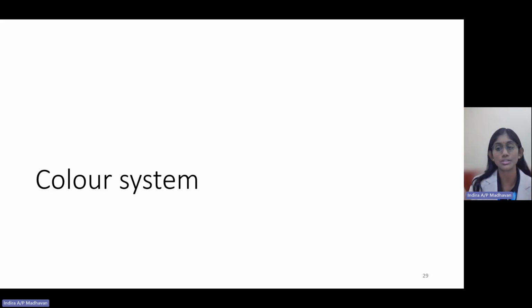There were two main systems that were quite famous at that point in time. The first one is the Munsell color appearance system, and another one is the CIE color specification system. These are the two very famous systems back then, but only one was selected.